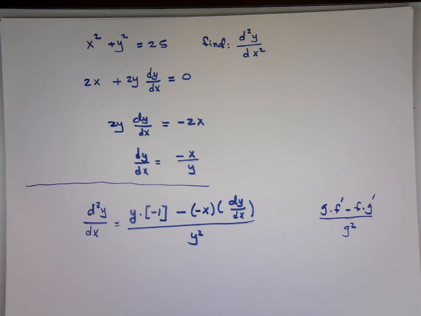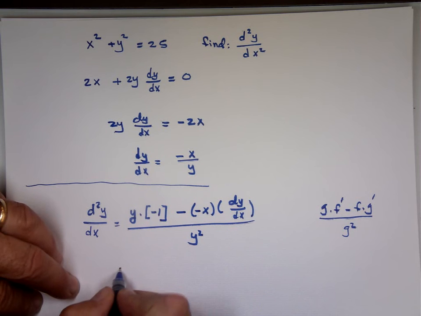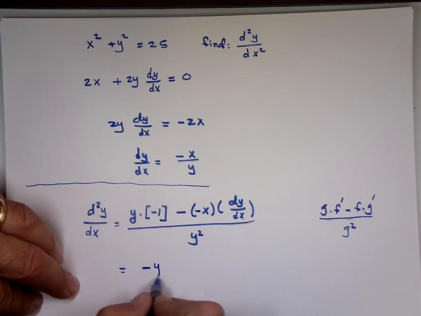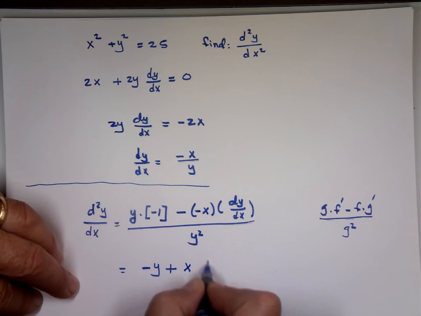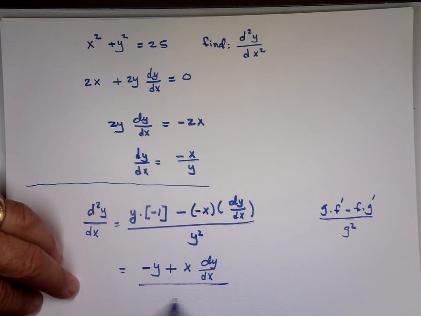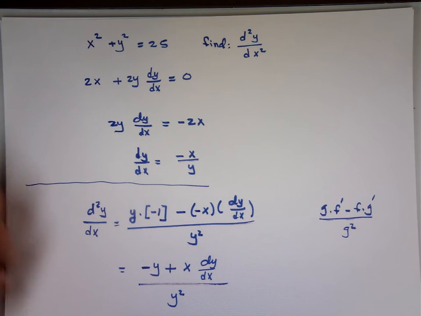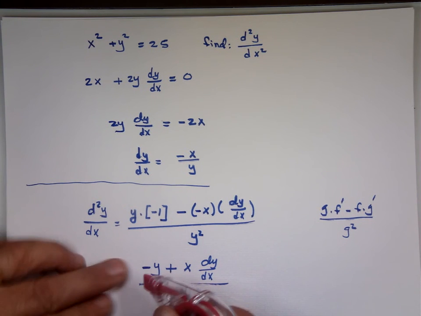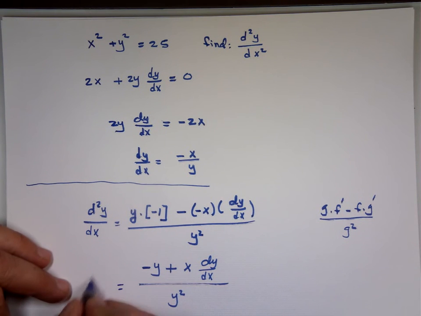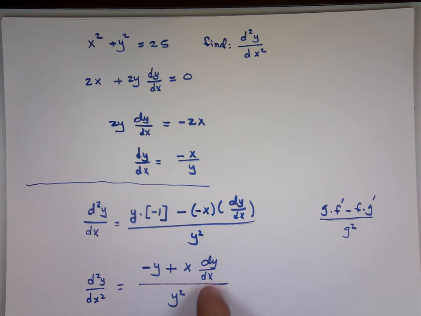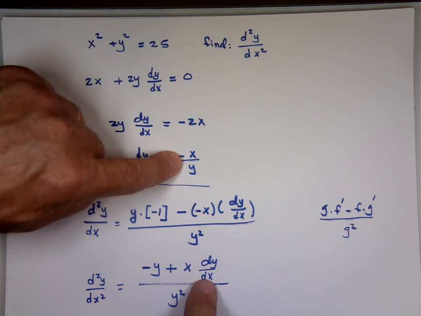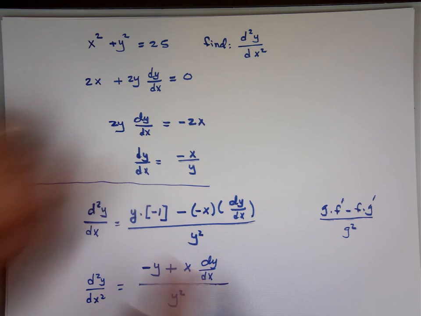Clean that up. Negative y plus x dy/dx... wait a minute. We know what dy/dx is, right? We just did that. dy/dx is right here. So replace dy/dx with negative x over y.